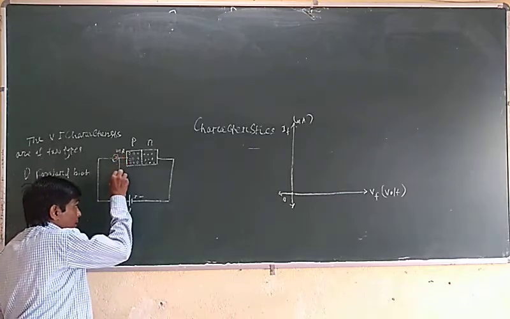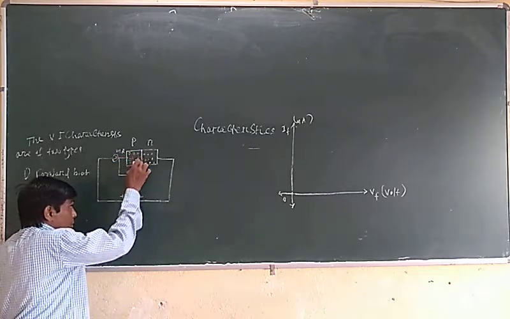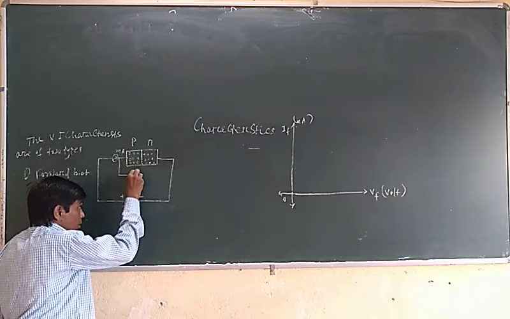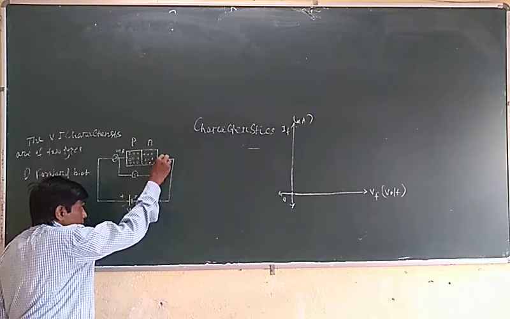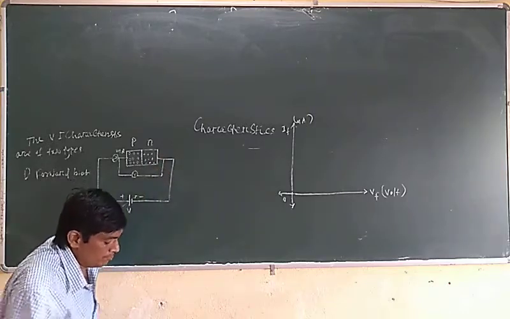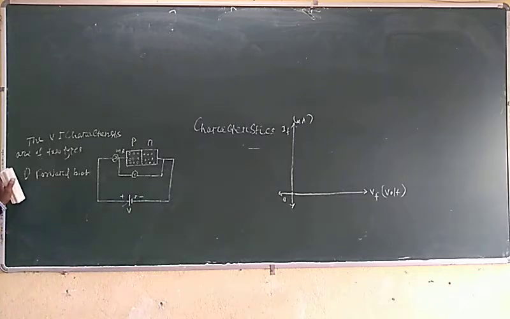We measure the voltage of the junction by using a voltmeter that is connected across the junction in a parallel connection.